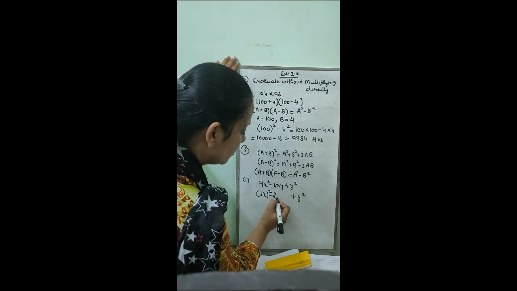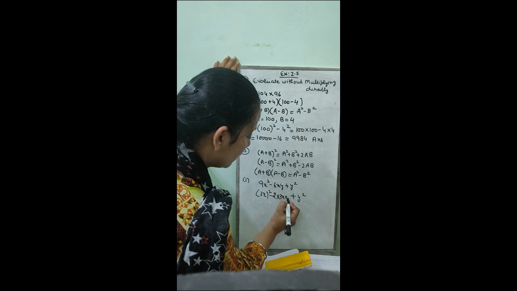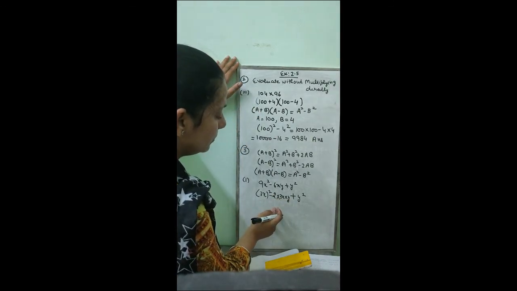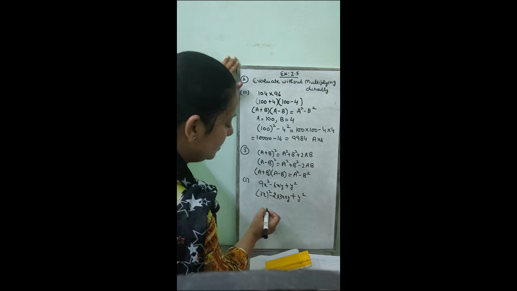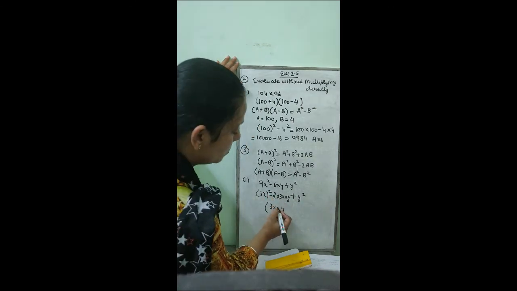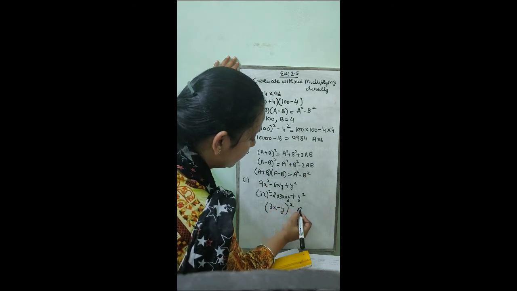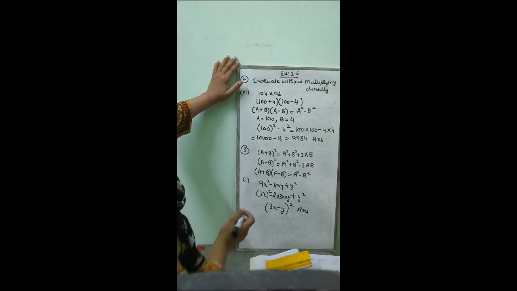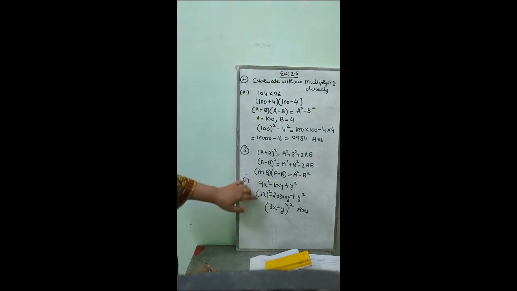In the middle, 2ab. So what is the answer? A and b in the bracket, sign from 2ab, whole square is there outside the bracket. Clear? Third sum, first part. Give a proper review of these sums for 1 minute.